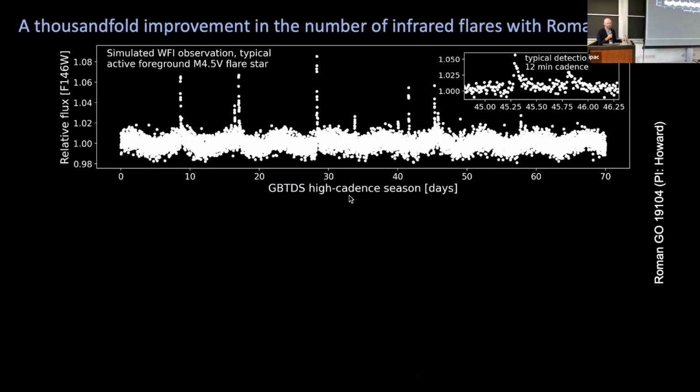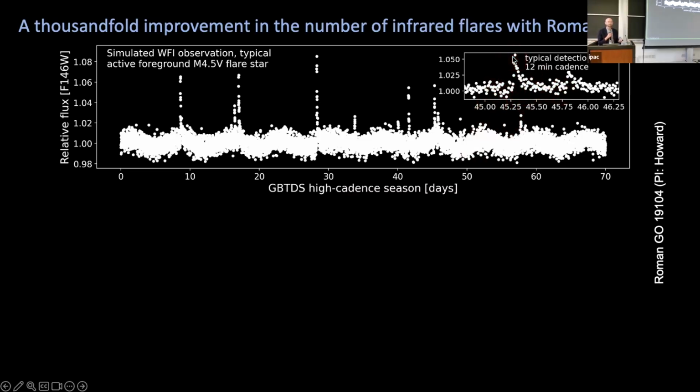Roman will solve these problems by producing a 1,000-fold improvement in the number of infrared flares. In this figure, I show one of our simulations of a wide field survey observation of a high cadence field in the galactic bulge time domain survey. So this is a 70-day field at 12-minute cadence, and I show a highlight of a smaller cutout to show you what the flare data will look like at that 12-minute cadence.